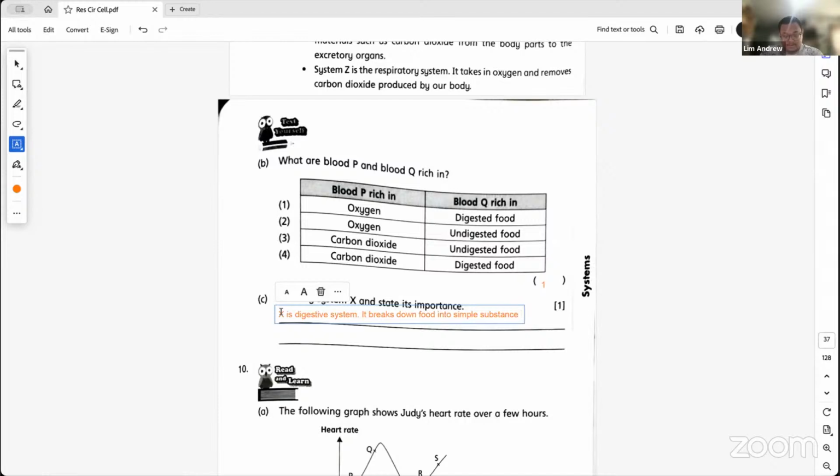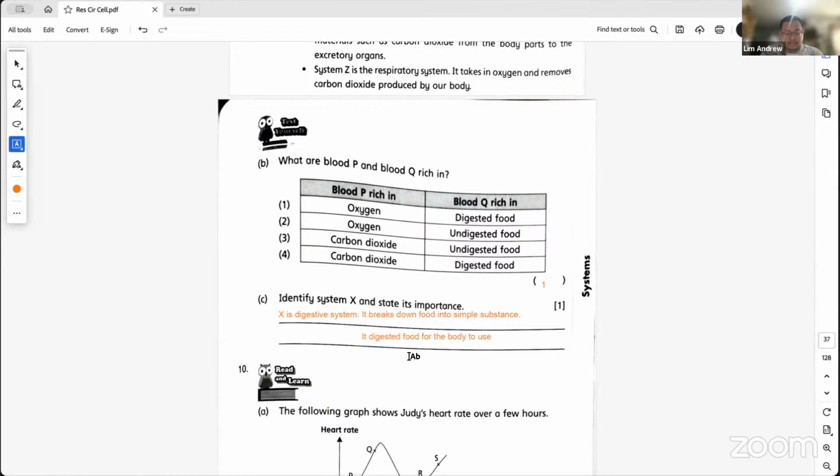If you want to use a substance, and that's it. Or the other way you can write it, you can write it digests food for the body to use.